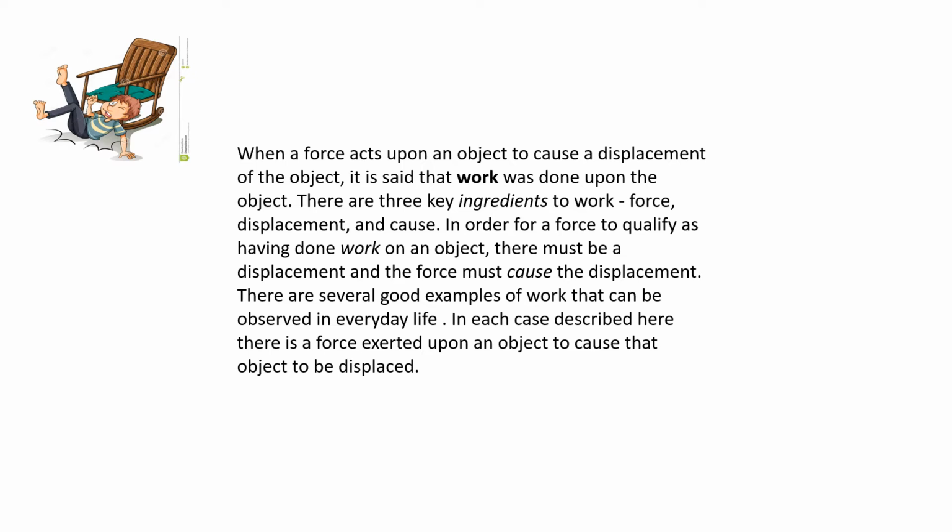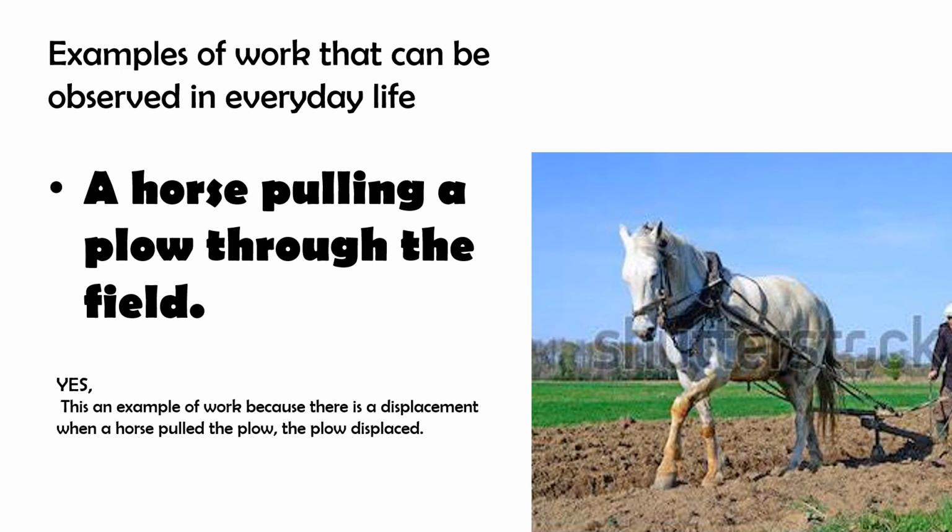So let us try to look at this. Okay, class, we have here some examples of work that can be observed in everyday life. So, try to look at this situation. A horse pulling a plow through the field. So, this is an example that there is work done.